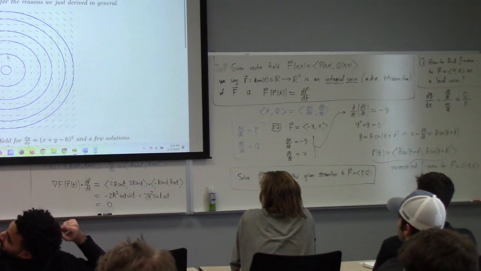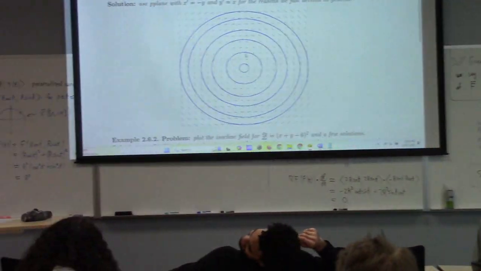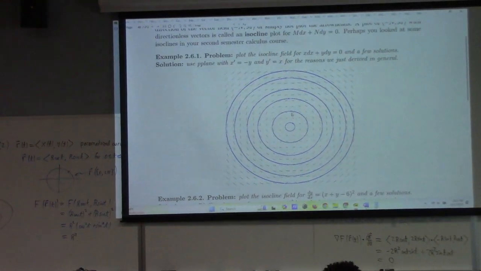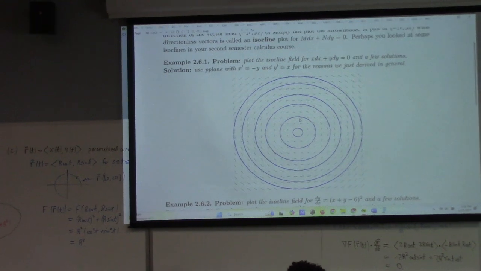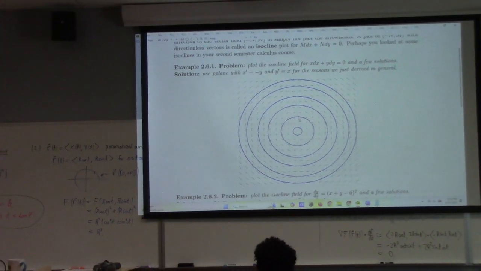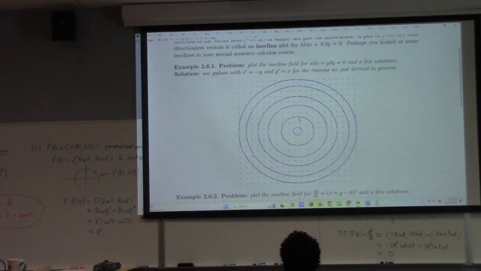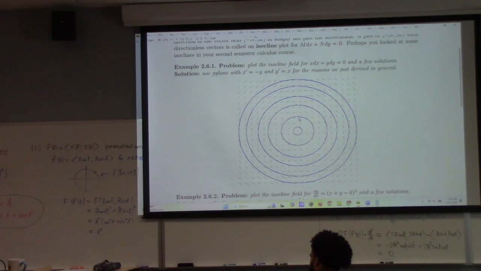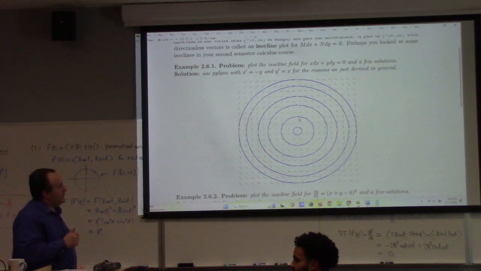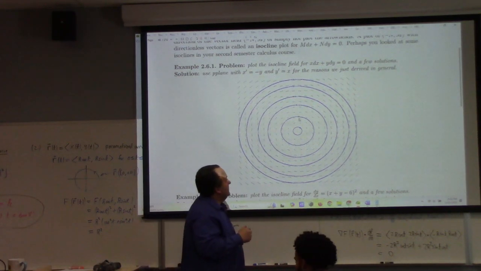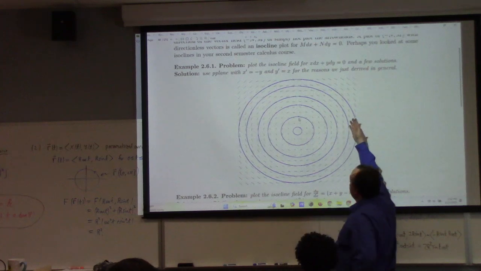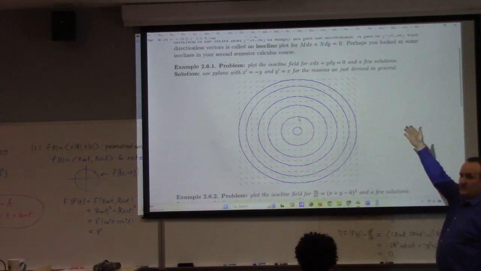I think it's going to take me a minute here to explain how to understand this. What we're looking at, I guess we're back to that differential equation again, right? x dx plus y dy equal to 0.